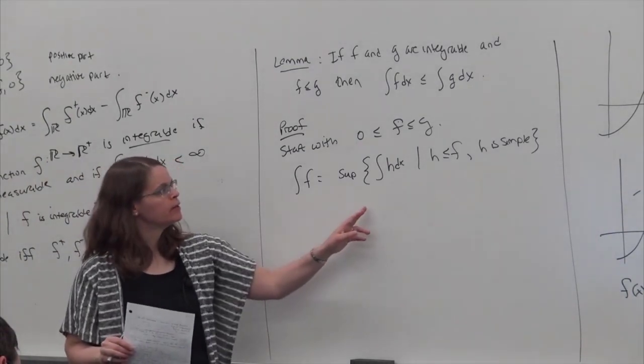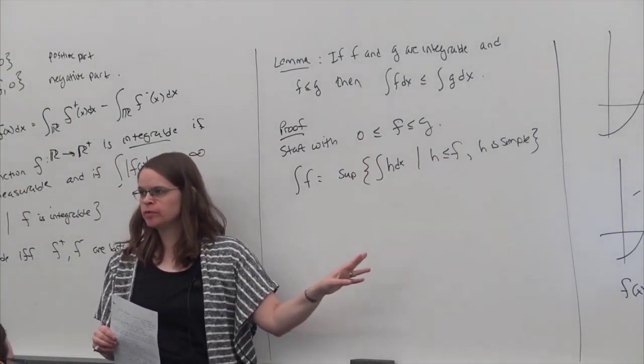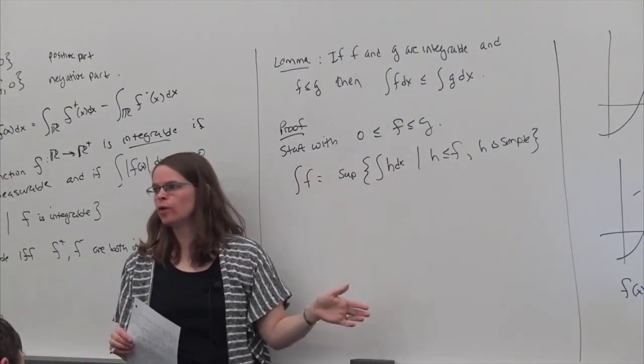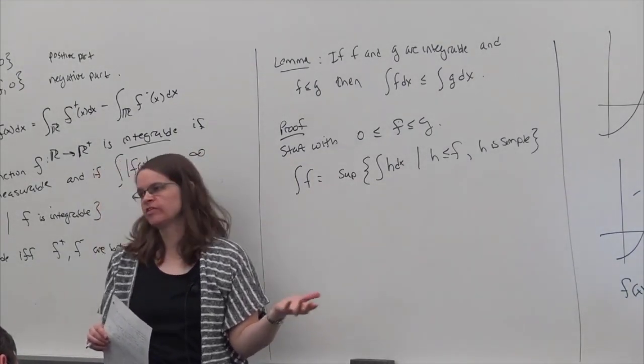Now, if I change the class of functions I'm taking the supremum over, let's say I keep all of these h's in here, but I add some more. Does the supremum go up or go down? Or stay the same?